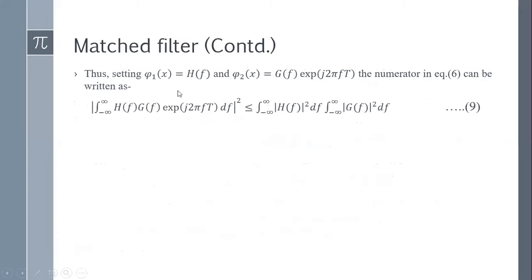Now I can break this equation into the integral of |H(f)| whole square df times the integral of |G(f)| whole square df. Clear?